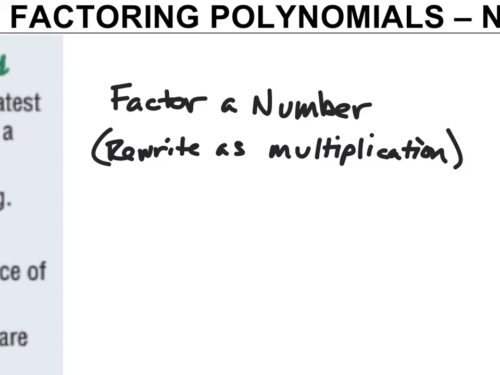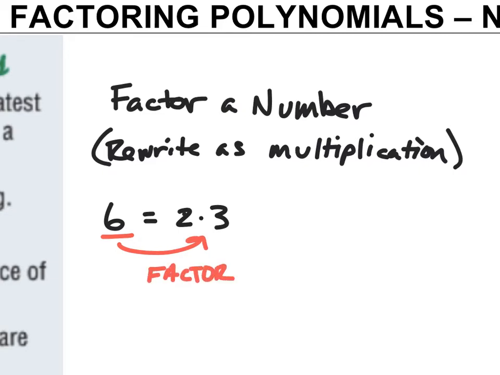So let's just take the number 6, for example. If I wanted to factor 6, I would factor it to, say, 2 times 3. This action here from going from 6 to 2 times 3 means that I have factored 6. Now, I can factor 6 a number of ways, but that's what that means.